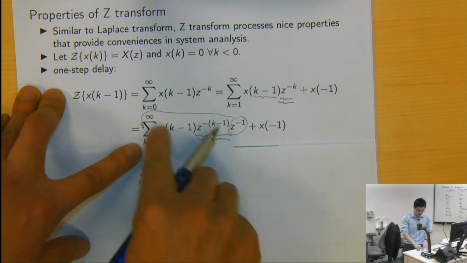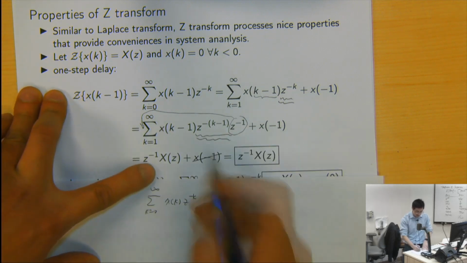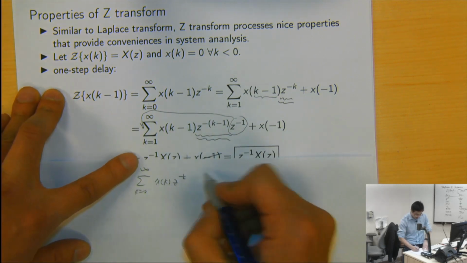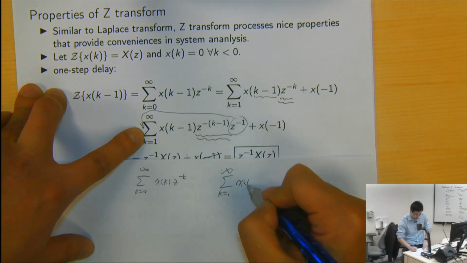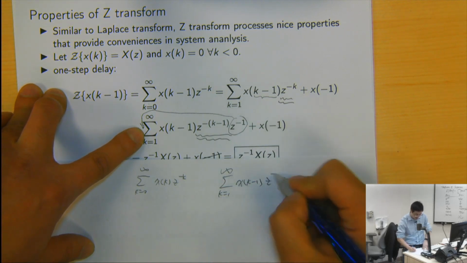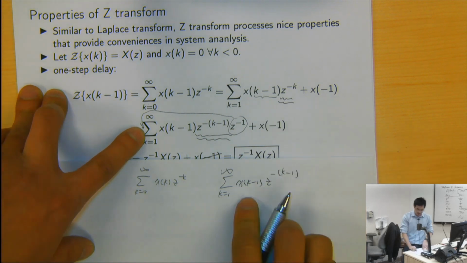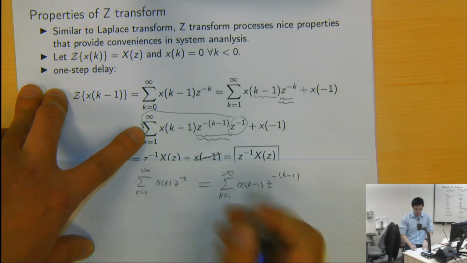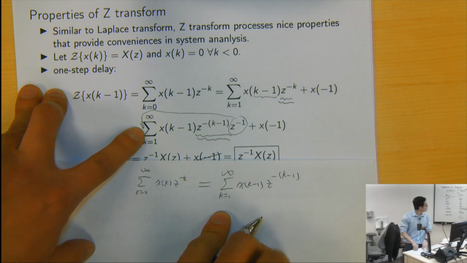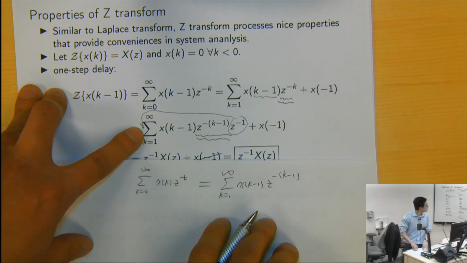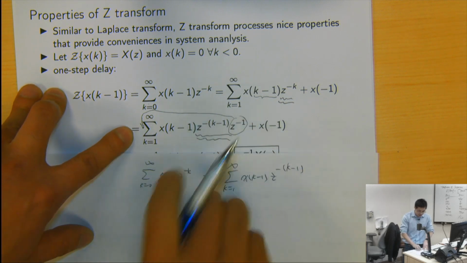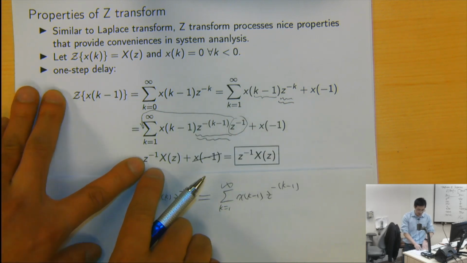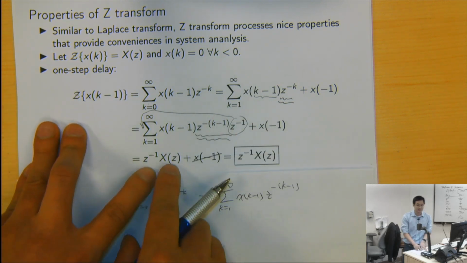And then inside, I have essentially summation k from 1 to infinity x k minus 1 z negative k minus 1, right? This is equal. So therefore, if I take this out to here, this is z to the power of negative 1 times capital X of z.